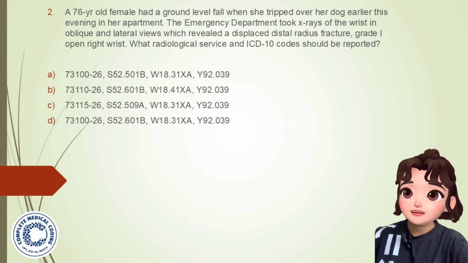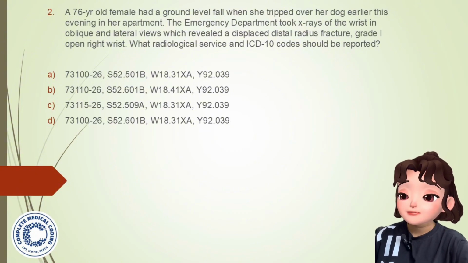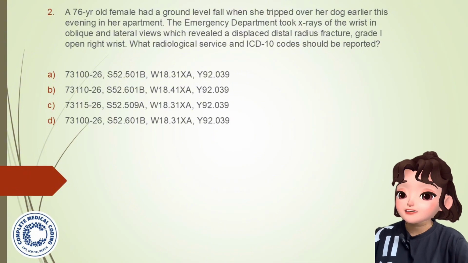Anyway, just open the ICD code book. What is S52.501B? S52.501 is unspecified fracture of the lower end of the right radius. 501 is right radius.